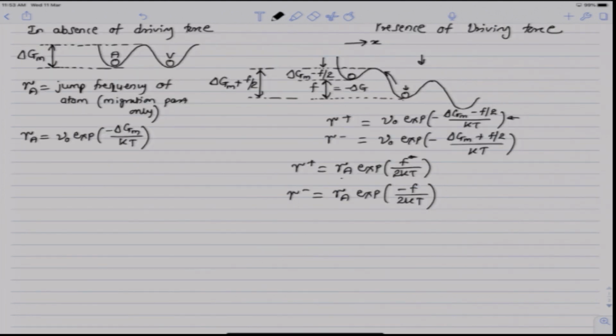So, with this we can use an approximation. Exponential x is approximately 1 plus x if x is much less than unity.